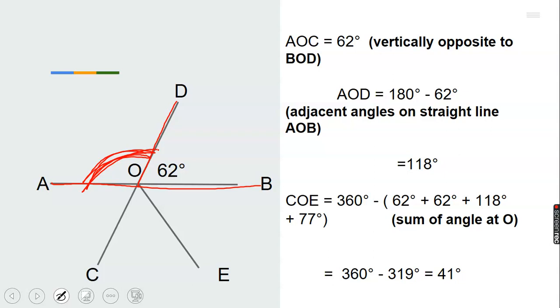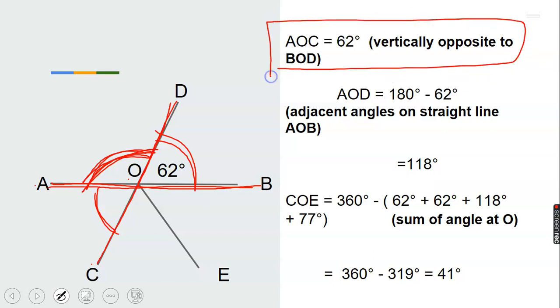But you can see also where these two lines cross, BOD is vertically opposite AOC. The middle point is called O. So O is common to all the lines and the angles.